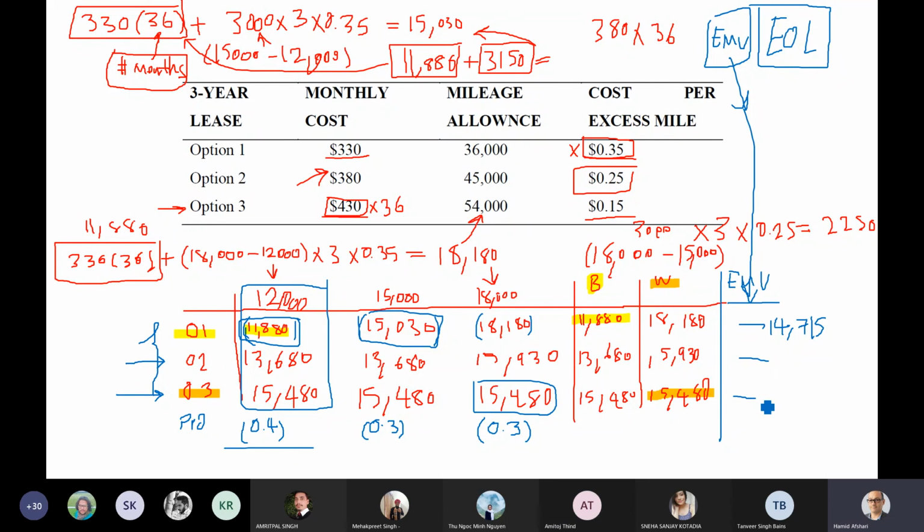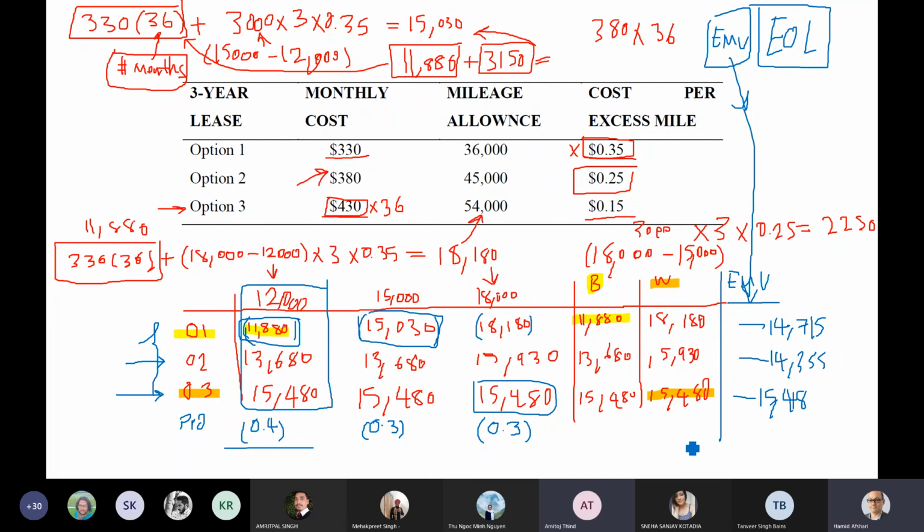Second option first, how much is that? Let's go with the third option. How much was that? 15,480. Okay, and the last one, the second option, 14,355.